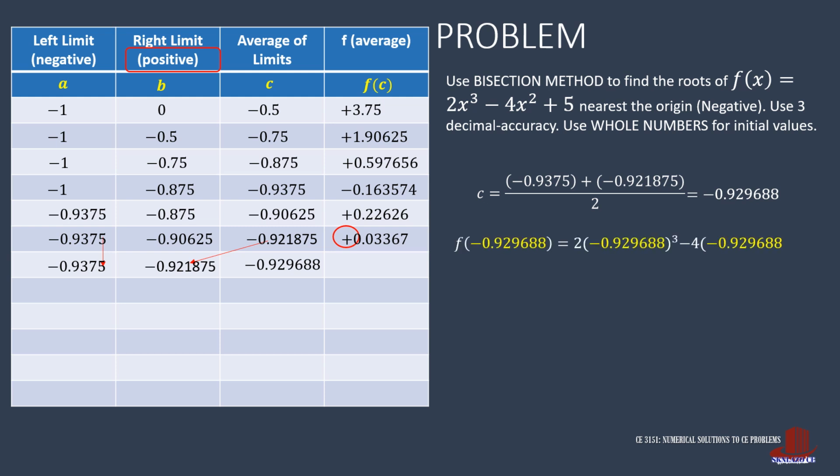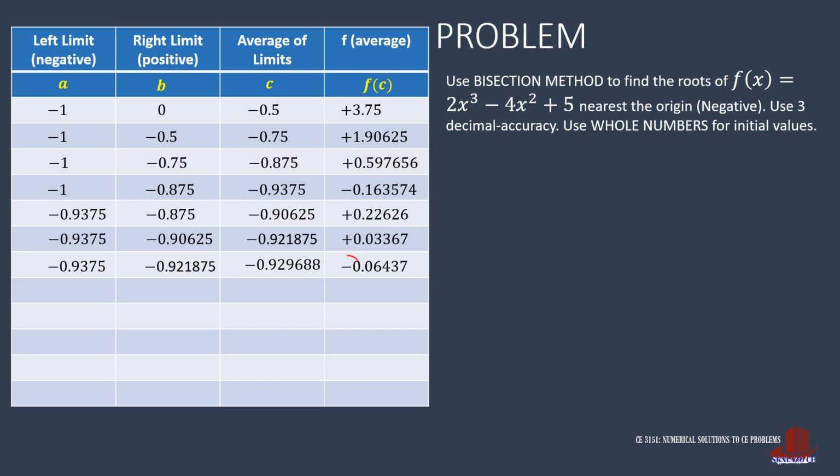Substitute c into the function to have twice of negative 0.929688 cubed minus 4 times of negative 0.929688 squared plus 5, where f of c becomes negative 0.06437. At this stage, we already reached 1 decimal zero, so a few more iterations to go.